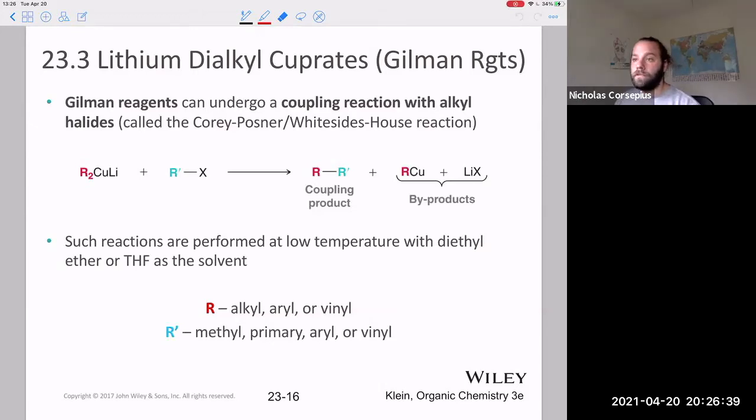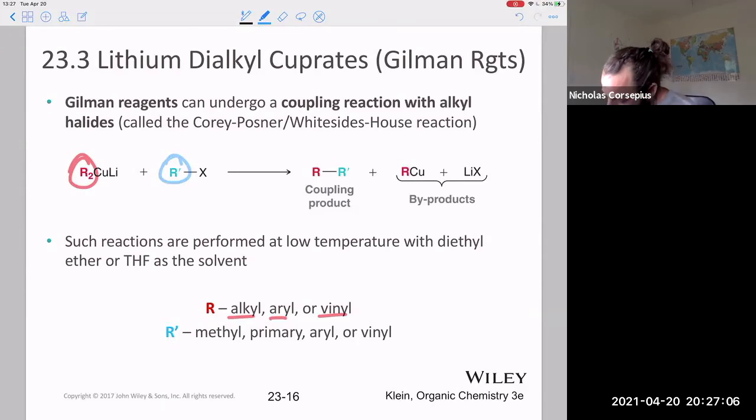So this is sort of another powerful reaction because you're forming a carbon-carbon bond, but notice that there's no oxygen or other functional group that's going to be involved here. You can just have an alkyl halide and react that with your organolithium, okay? We talked about the limitations on the Gilman R group, has to be alkyl, aryl, or vinyl. Now let's talk about the limitations on your alkyl halide that you're going to use.